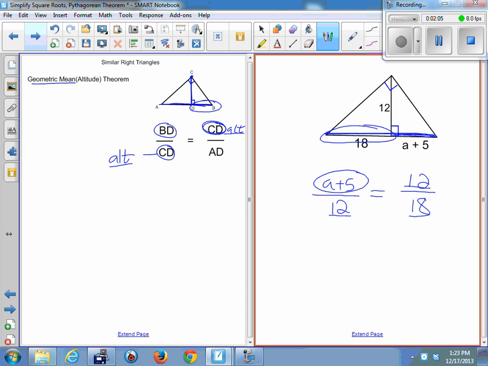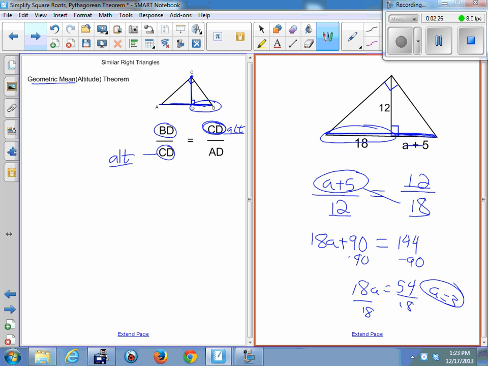So here we're going to do a cross multiply. We get 18A plus 90 equals 144. So minus 90 on both sides. 18A equals 54. Divide by 18. So A is 3. That means this distance here is 8.